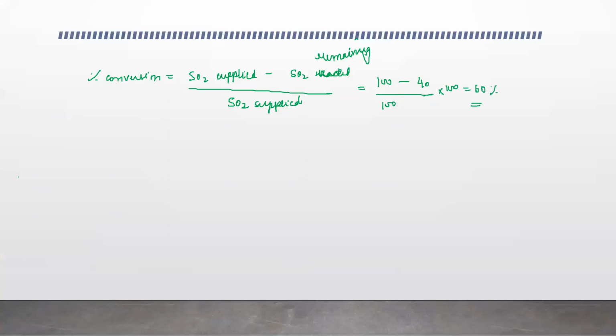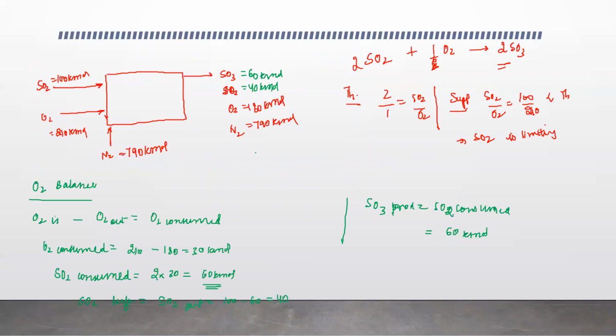So this is equal to 60%. The conversion is 60%. And then you have percentage excess of oxygen, of course, because oxygen is the excess reactant. So it is oxygen supplied minus oxygen theoretically required, upon oxygen theoretically required, into 100. Oxygen theoretically required for 100 kilomoles of SO2 is going to be 50 kilomoles, given the 2:1 ratio.